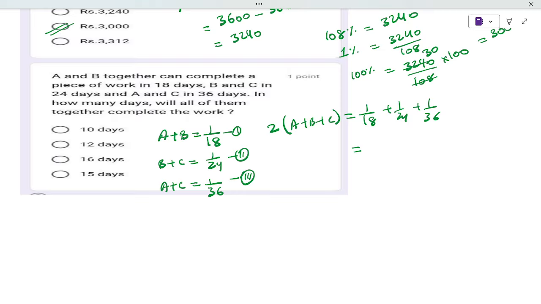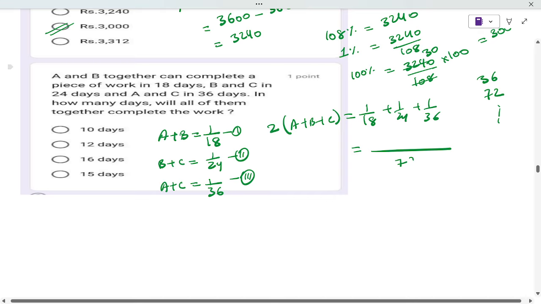Now the LCM of 18, 24 and 36. 36 is divisible by 18, but not divisible by 24, so 36 is not the LCM. Its multiple 72 is divisible by 18 (4 times) and by 24 (3 times), and by 36 (2 times). So 72 is the LCM.